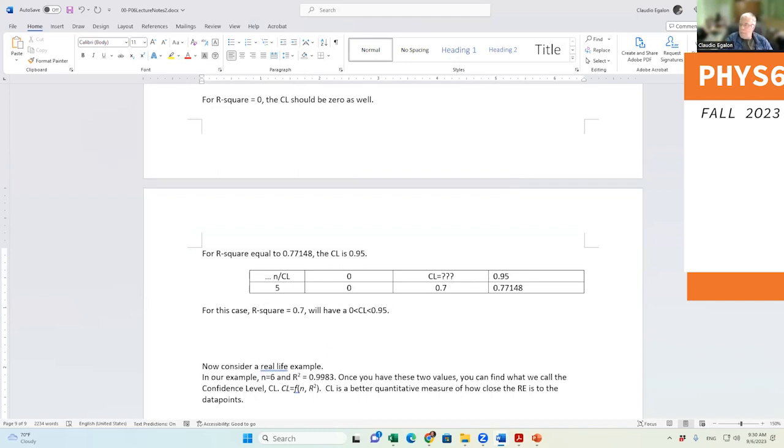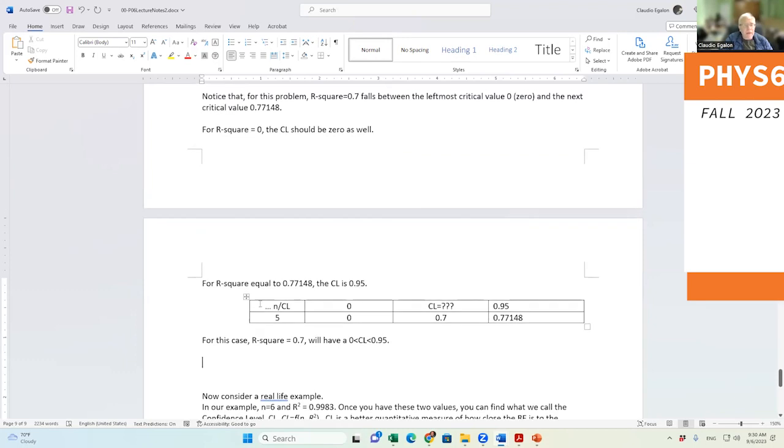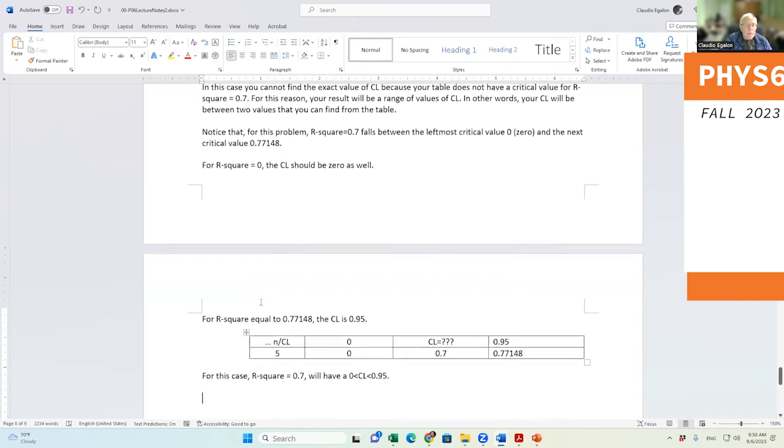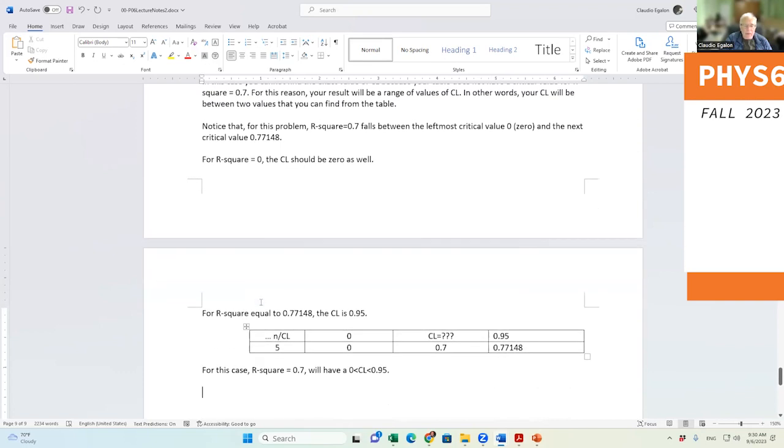And you can repeat that for any other cases. You can repeat that for n equal to 7, 8, 9, 10. So here you go. Do you understand how you can do that? A little bit. That's the type of thing that the table doesn't show in there, but you have to know.